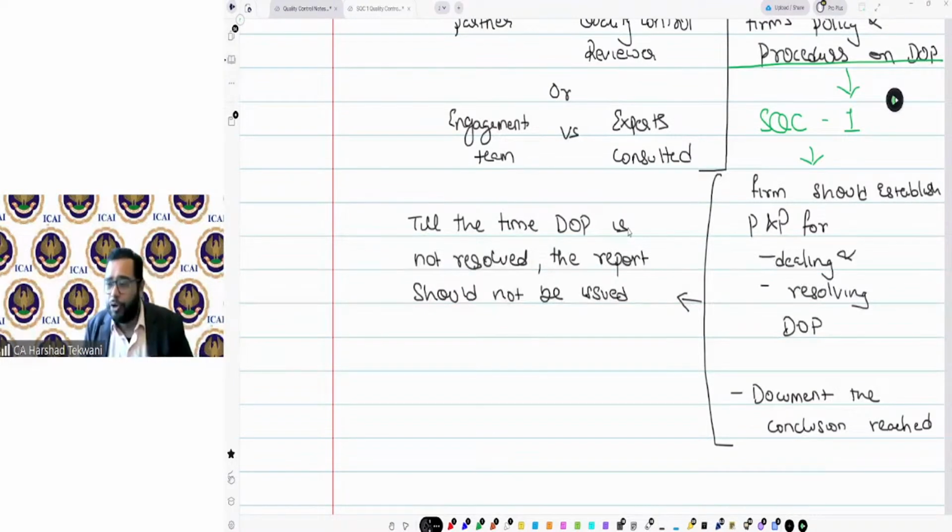So, first resolve the issue or resolve the difference and then issue the audit report.